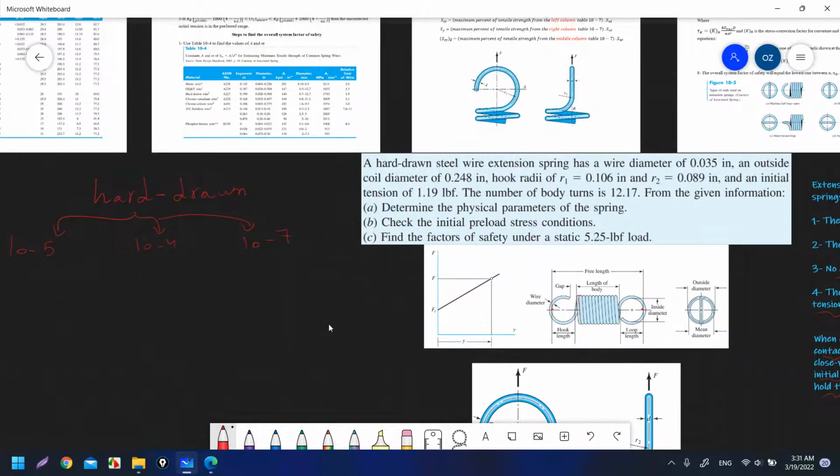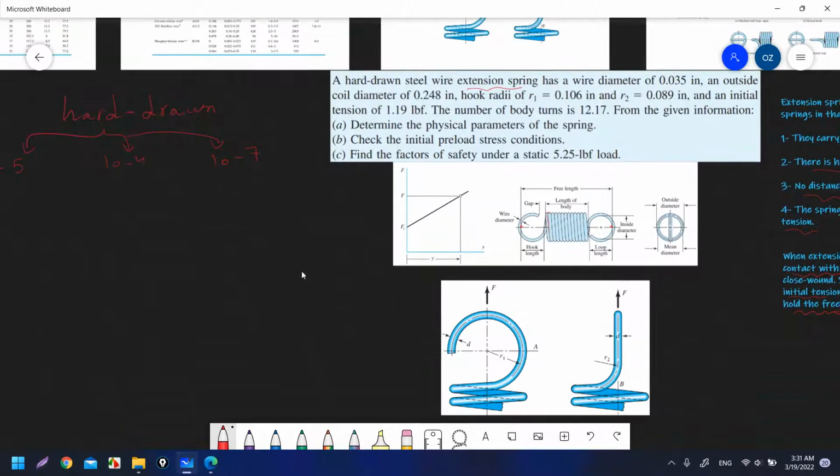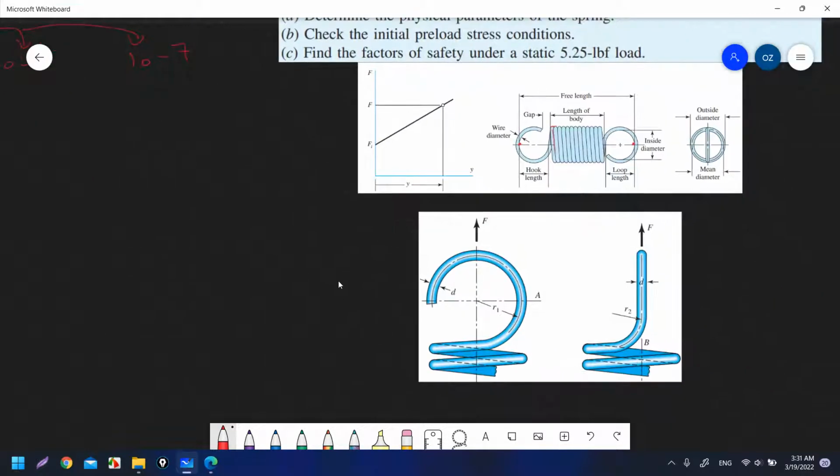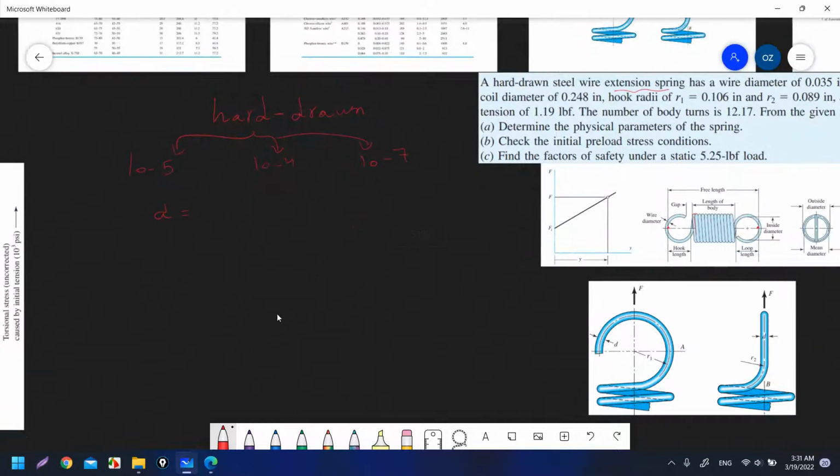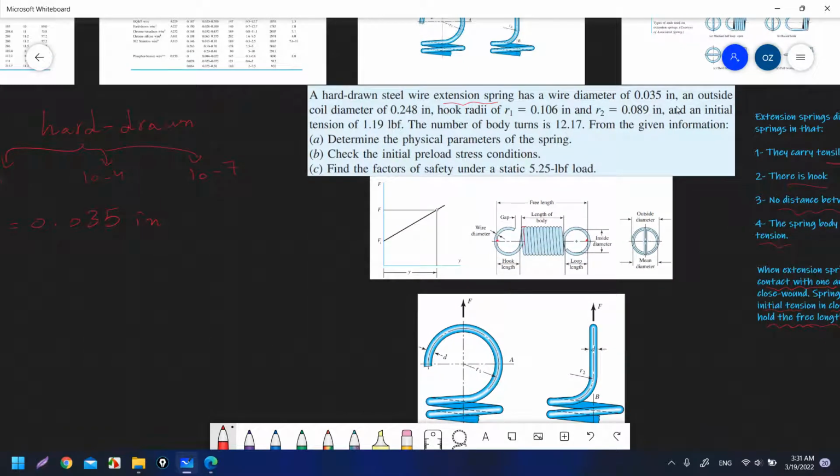He said it is an extension spring, so we know it is an extension spring. It has a wire diameter. The wire diameter is this diameter we represent by small d, so small d is equal to 0.035 inch. And an outside coil diameter. These are the coils.